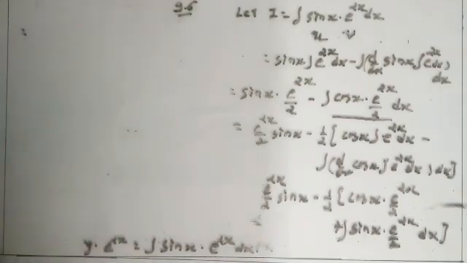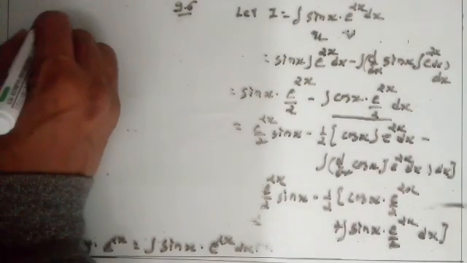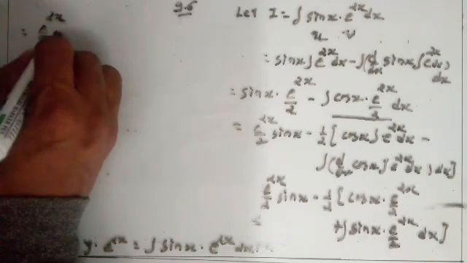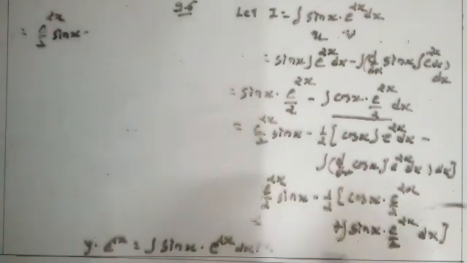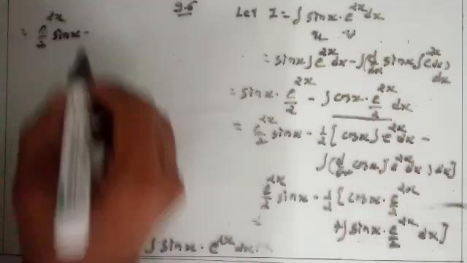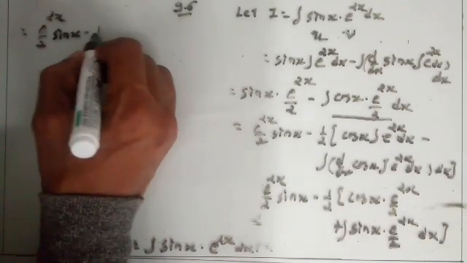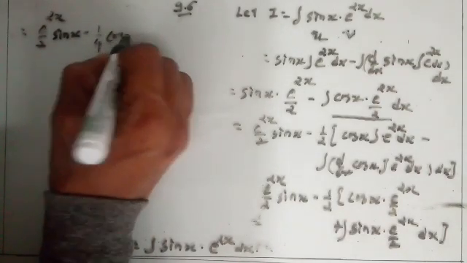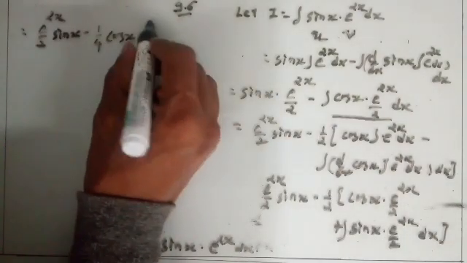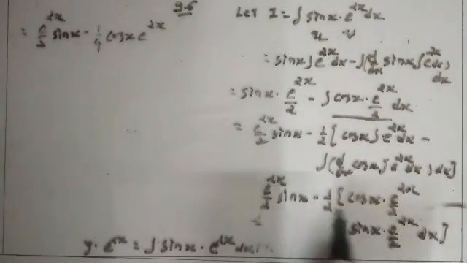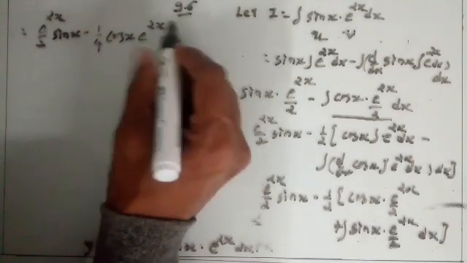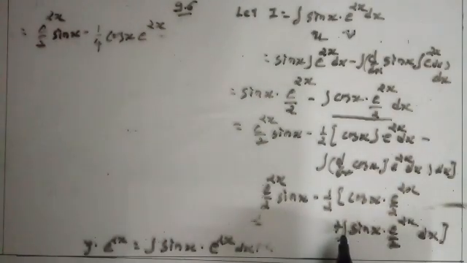So this becomes e raised to 2x upon 2 sin x minus 1 by 2, take inside, so it becomes minus 1 by 4 cos x into e raised to 2x. Okay, here minus, plus becomes minus 1 by 2 into this here, sin x e raised to 2x upon 2.